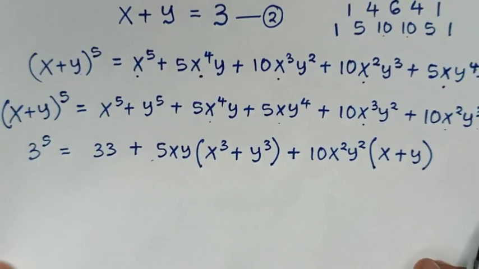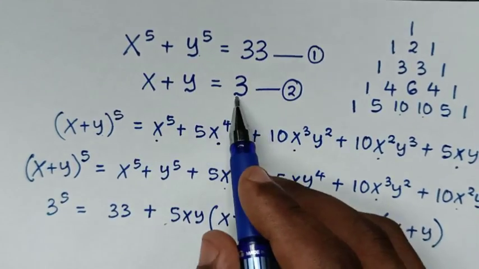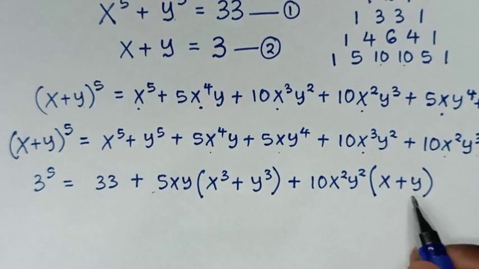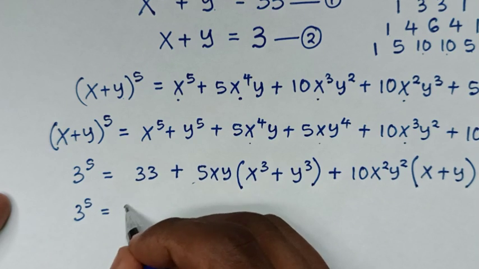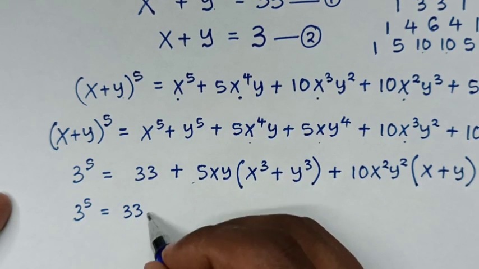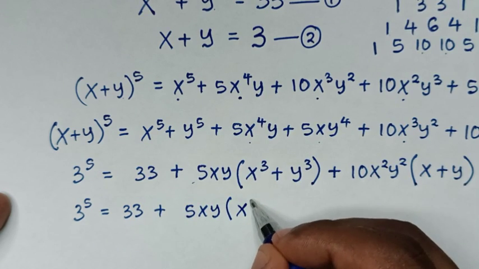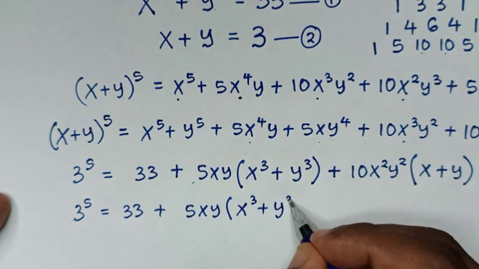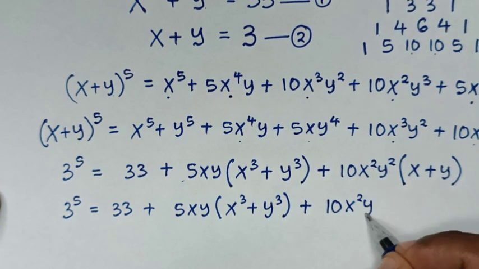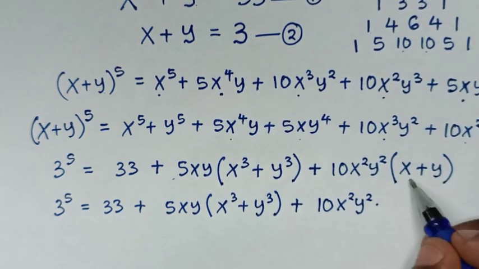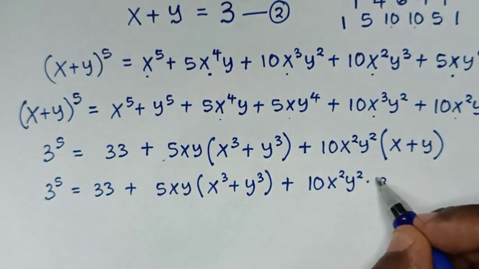Then in the next step, from here x plus y is from the second equation, which is 3, so we'll substitute 3. Then it will be 3 power of 5 is equal to 33, plus 5xy bracket x power of 3 plus y power of 3 bracket, plus 10x square y square, times x plus y, which is 3, so here it will be times 3.